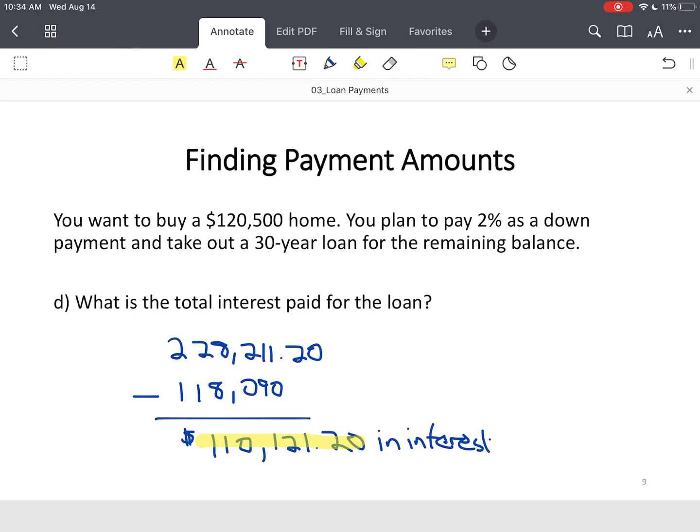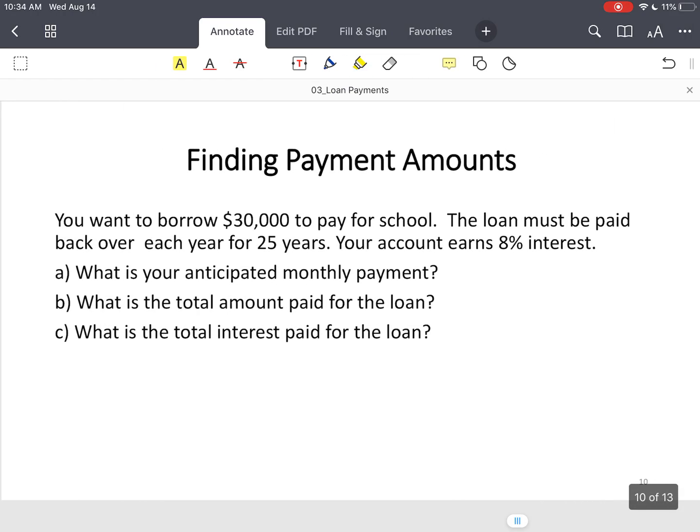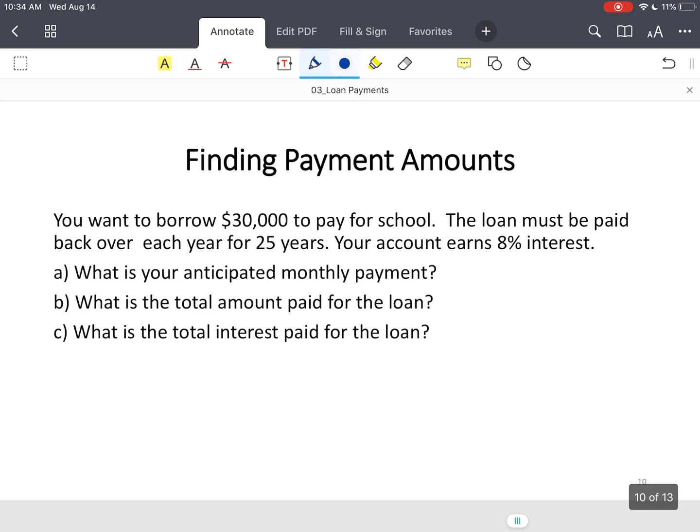All right, and then we're going to do this next example. All right, student loans. Let's look at this. You borrow $30,000 to pay for school. The loan must be paid back over each year for 25 years. Let's say it's an 8% interest rate.